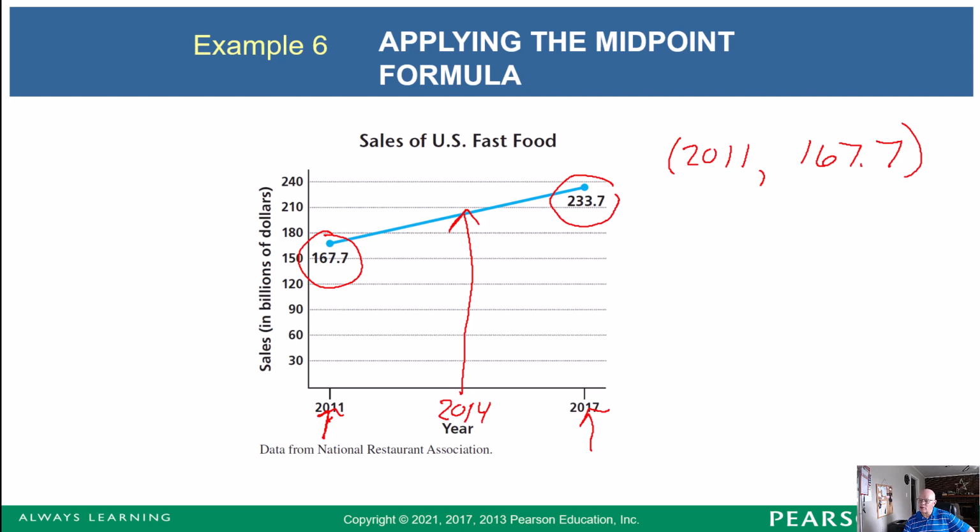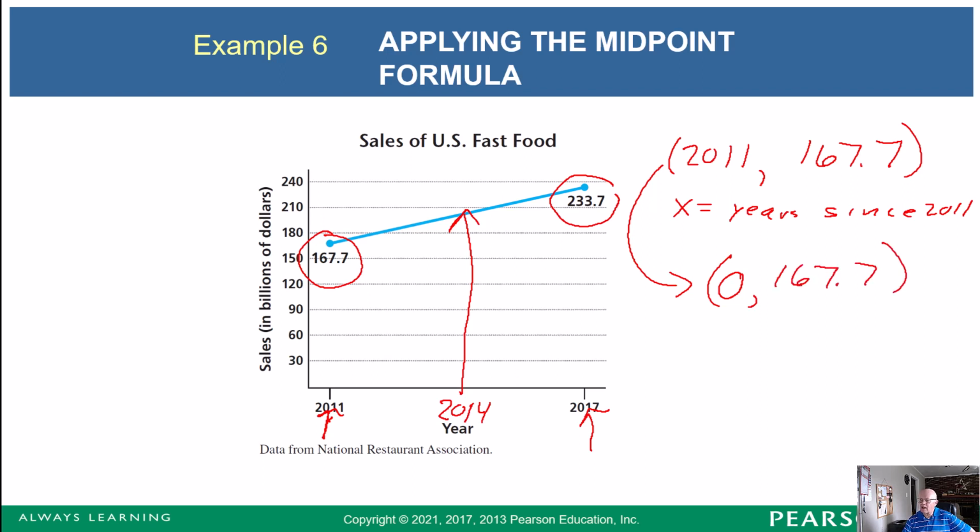Now, the trick is, if you say x is years since 2011, then you can write this as 0 years since 2011 and 167.7, and for the other one, since 2017 is 6 years later, your ordered pair would be 6 and 233.7.